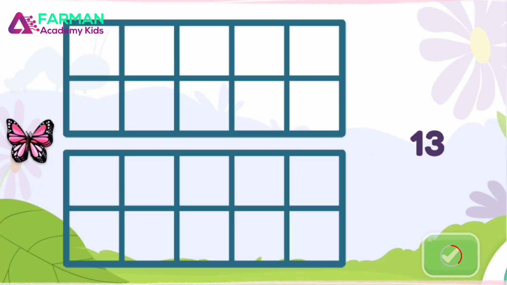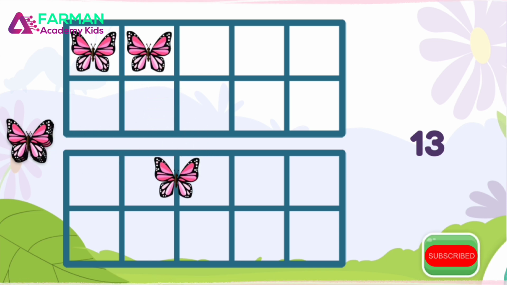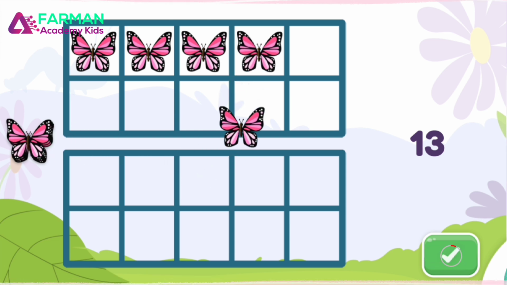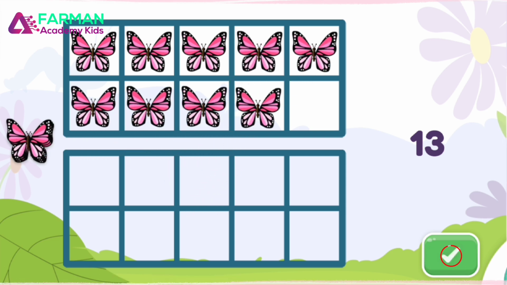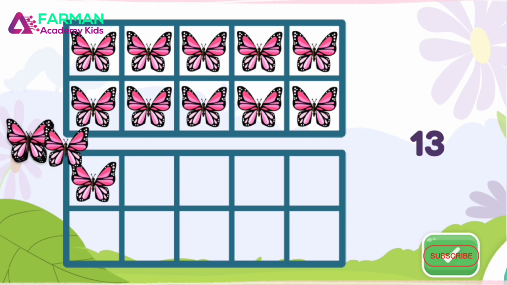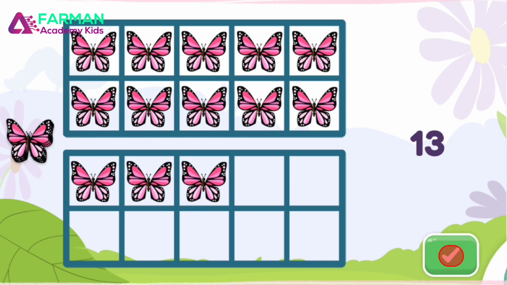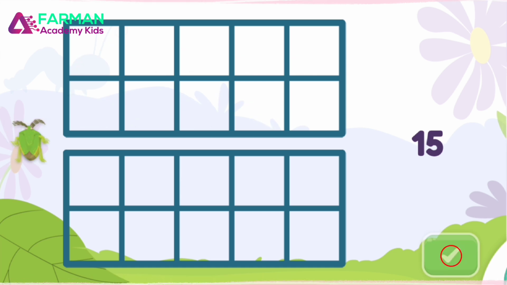Use the 10 frames to show 13. Great! There are 13. One 10 frame is filled, which makes 10. There are 3 in the other.